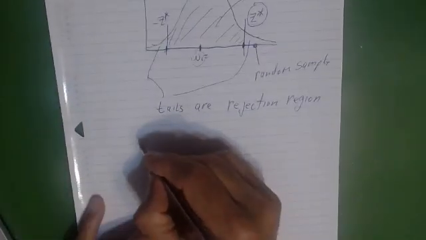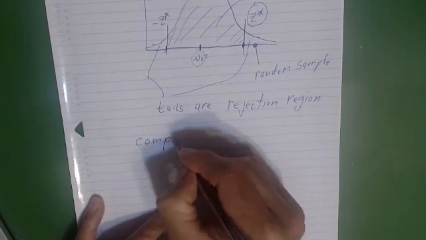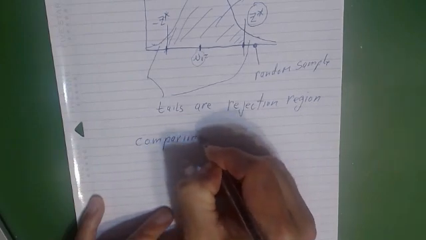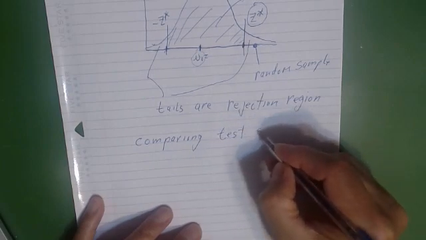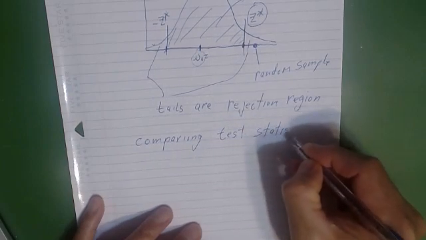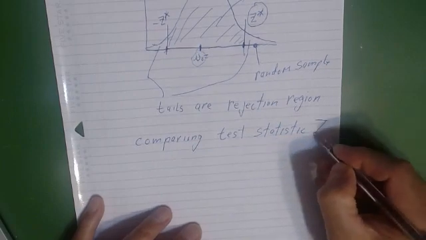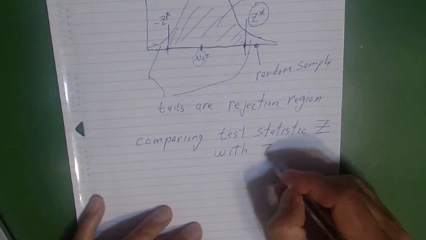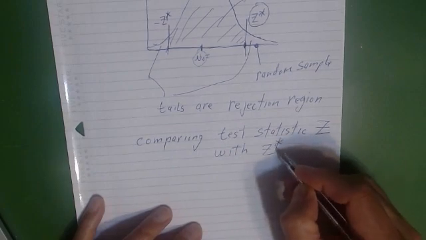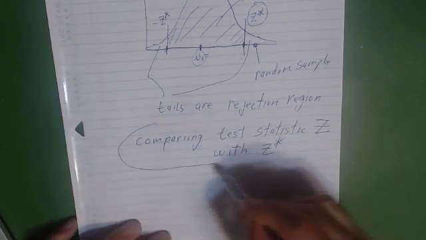So you're comparing your test statistic, which is Z, with Z star. That's what the test is, okay?